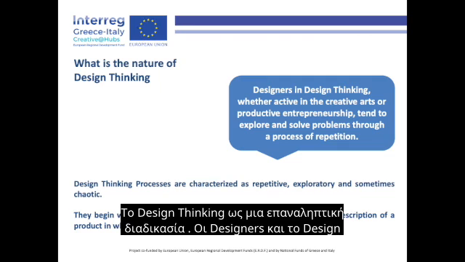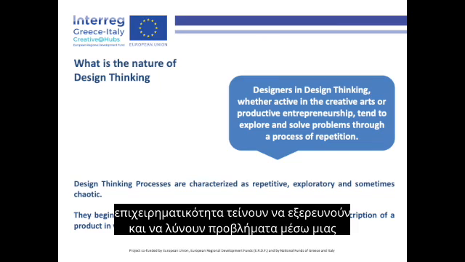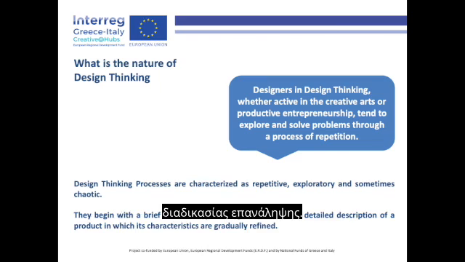Design thinking is an iterative process. Designers in design thinking, whether active in the creative arts or productive entrepreneurship, tend to explore and solve problems through a process of repetition.